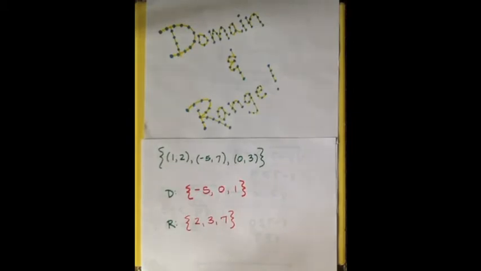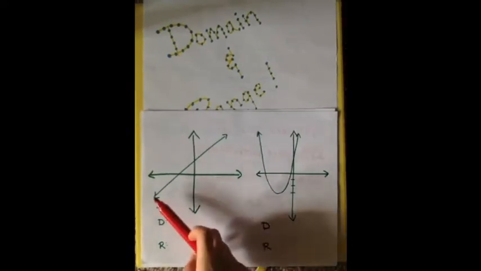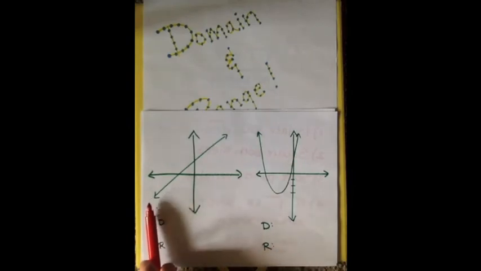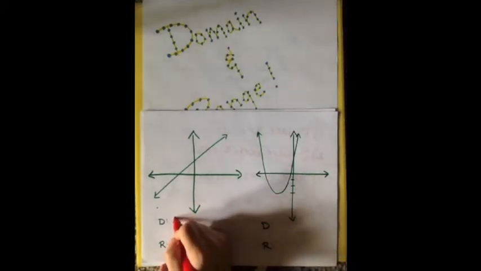So you saw this in your first year of algebra. You also saw things like this. These are the main graphs that you dealt with. So we have linear. Linear is really easy with domain and range. Look at all the x values that you can have for a line. Is there anything that this line is not defined for? No. It works for everything. So this is all real numbers.